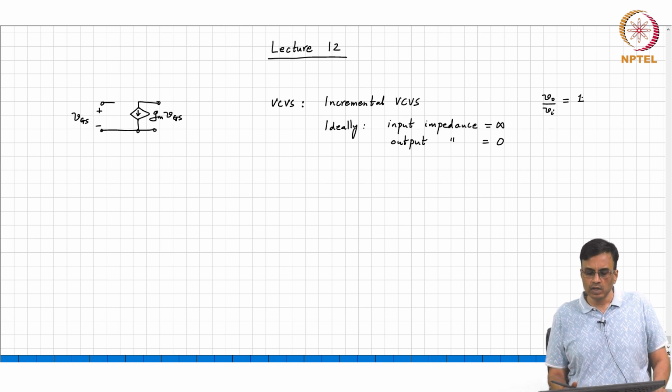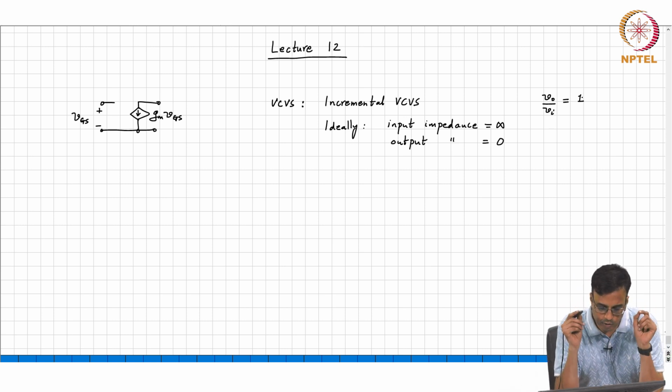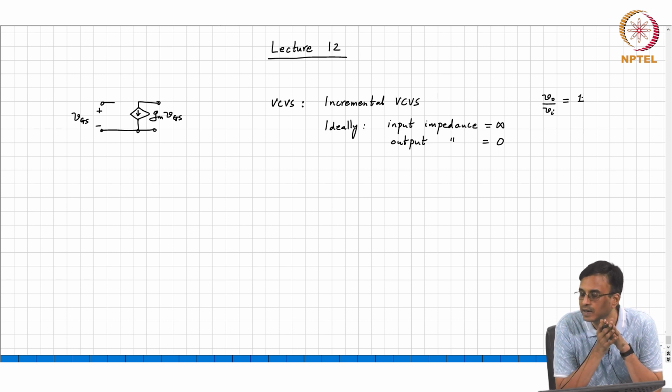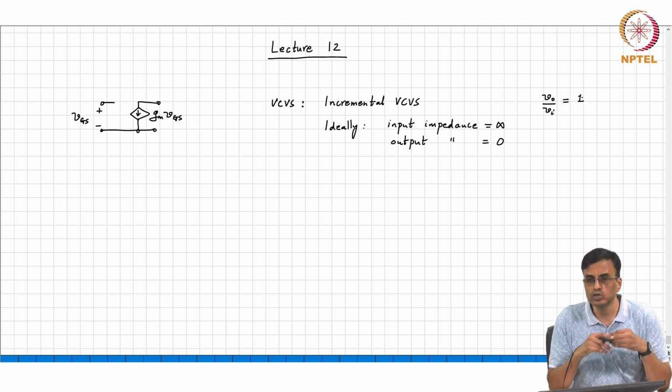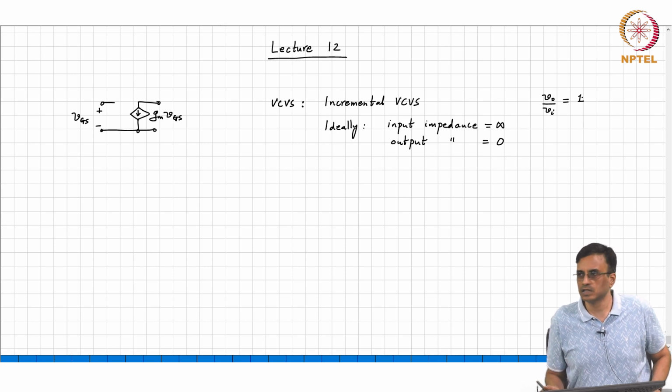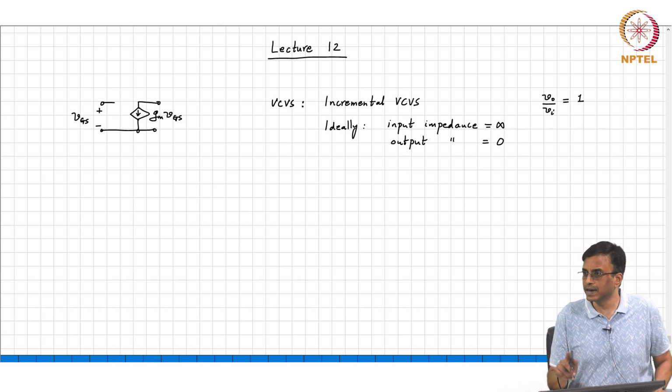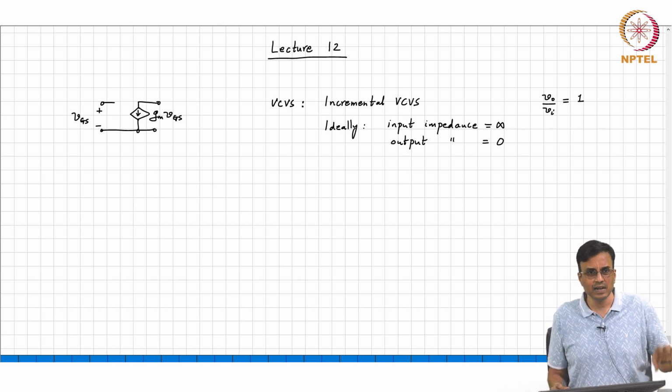we also recognize that the transconductance, while it is large, is actually quite dependent on the operating point and threshold voltage and all this other stuff. So, what we would like to do is to build an incremental voltage controlled voltage source, where the properties of the VCVS are largely independent of the properties of the transistor.